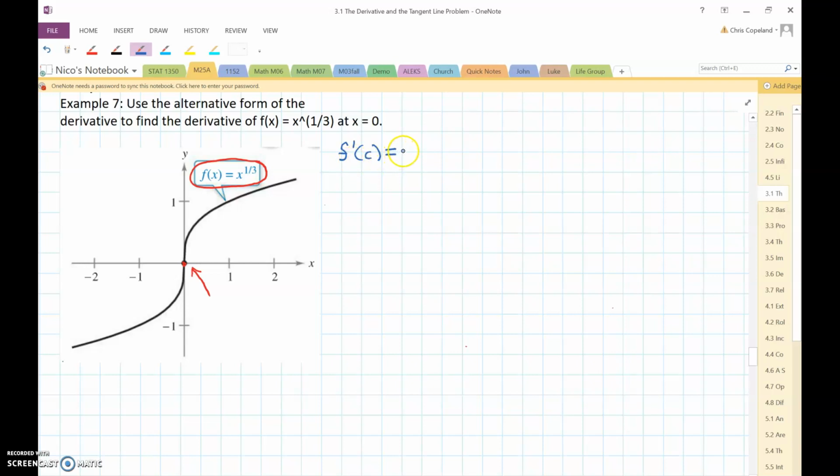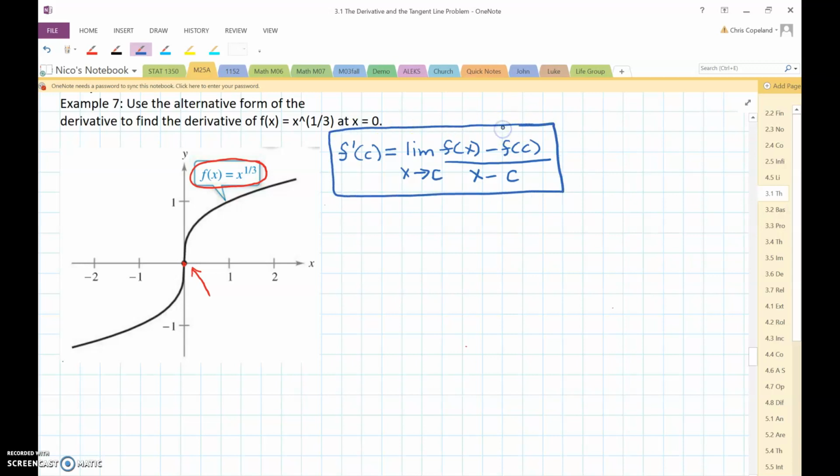So f prime of c equals the limit of f of x minus f of c all over x minus c as x approaches c. Okay? And remember, in order to use this, we need to use limits coming from the right and coming from the left. So first of all, for this problem, does it make sense that c is equal to 0?